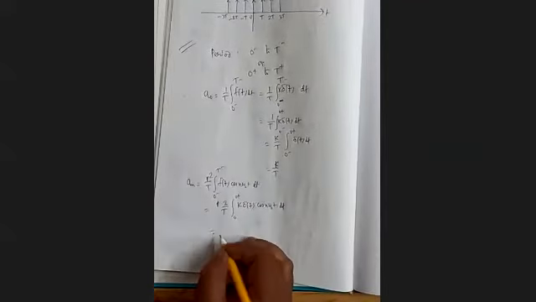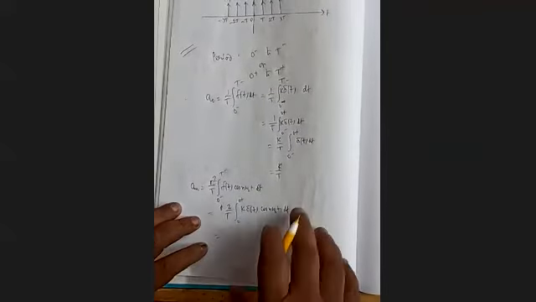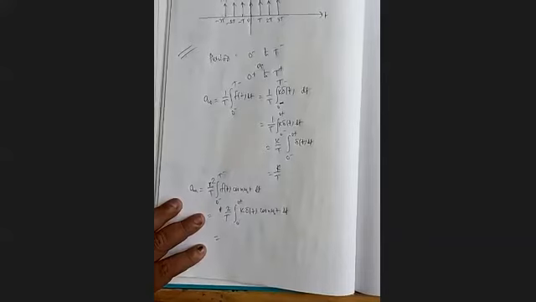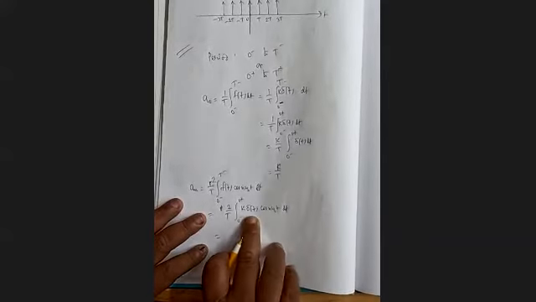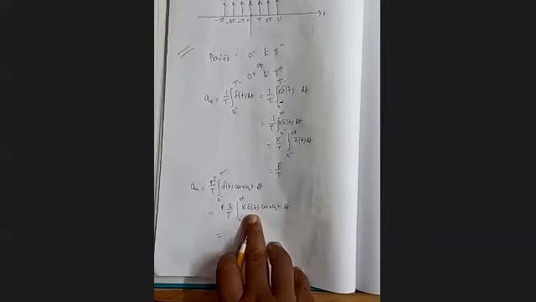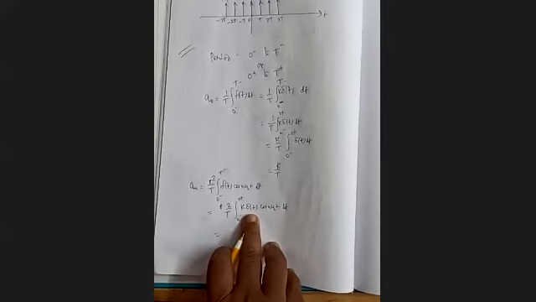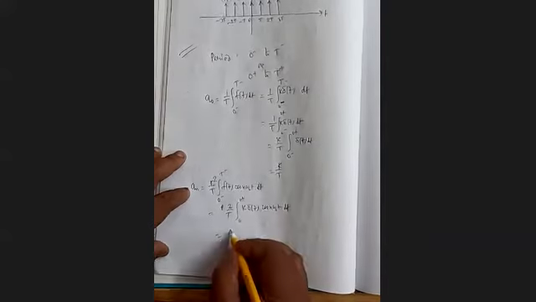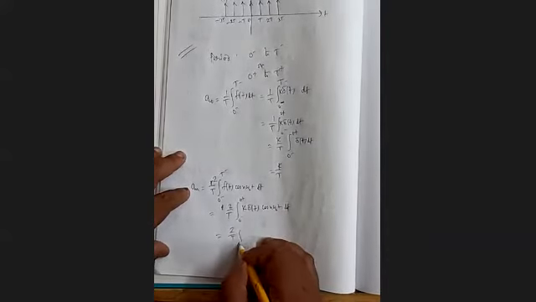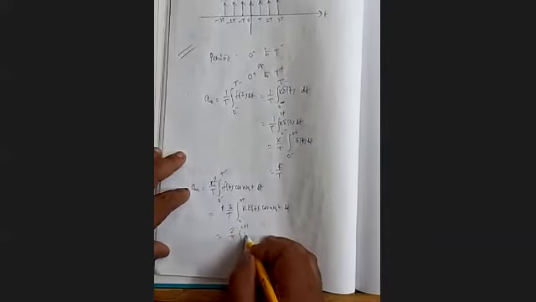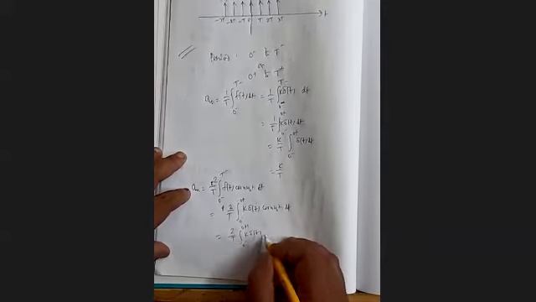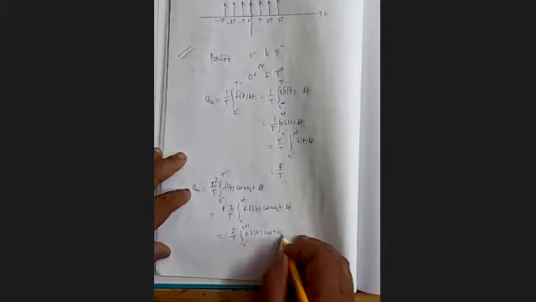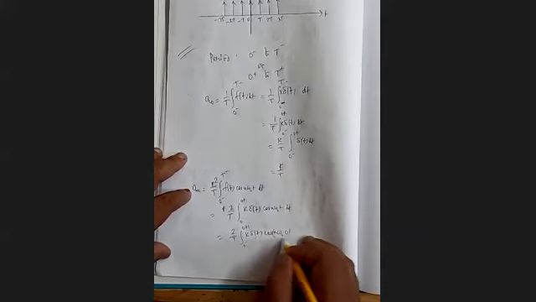Now we can use the shifting property. Delta t means delta of t minus 0, so that 0 will take the position of this t. So it will be 2 by T integration from 0 minus to 0 plus of k delta t cos n omega 0 into 0 dt.